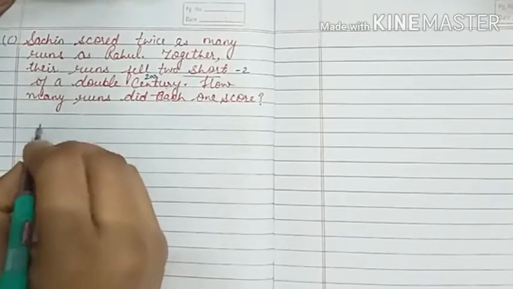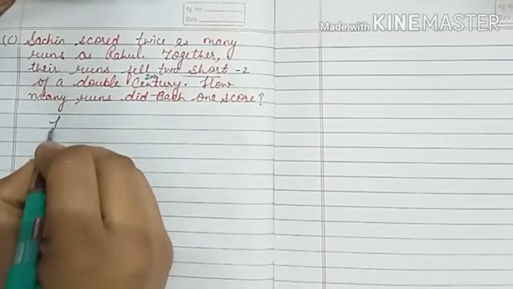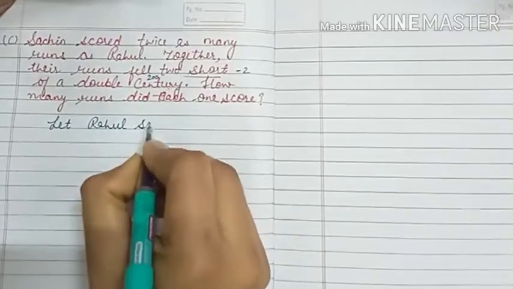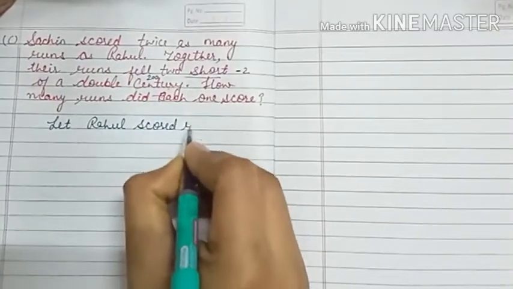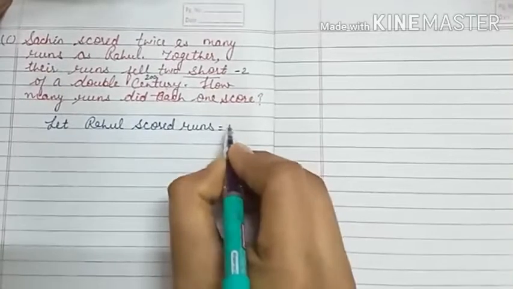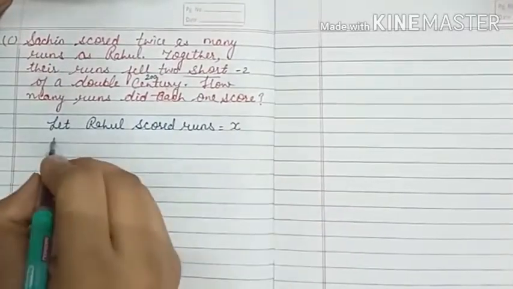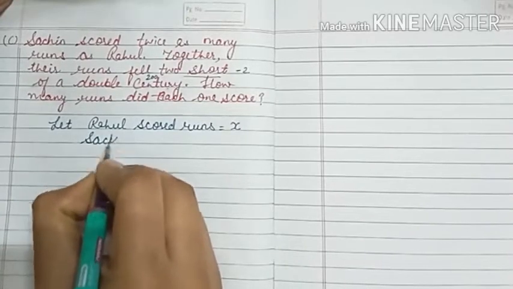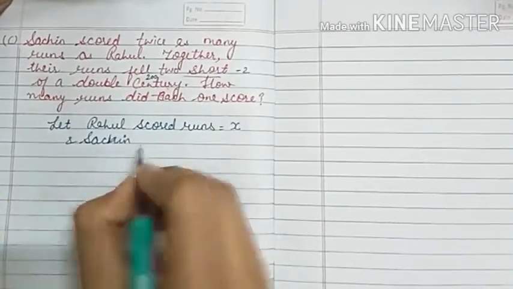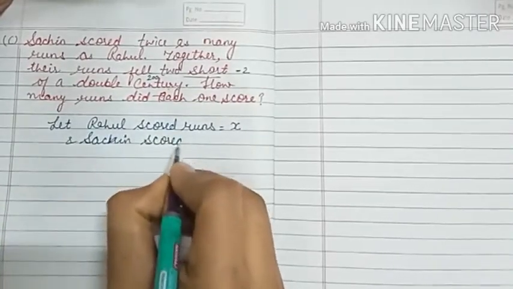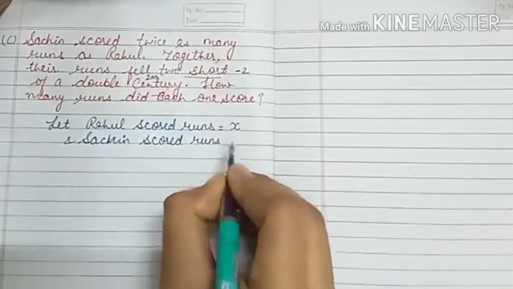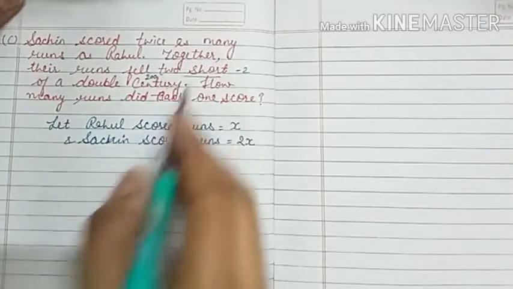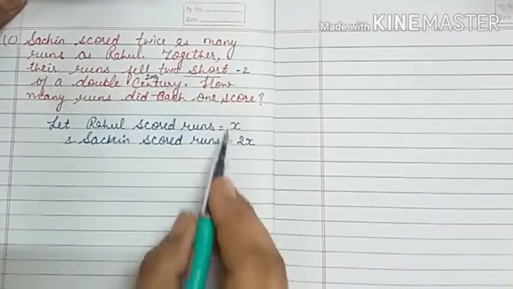So let us do it. First we will write, let Rahul scored runs equal to x, and then Sachin scored runs, twice of Rahul, that is 2x. And now we will write together, that means the total of theirs.